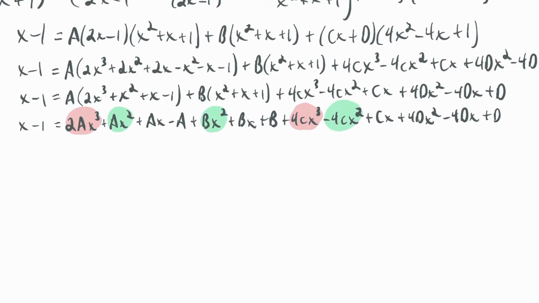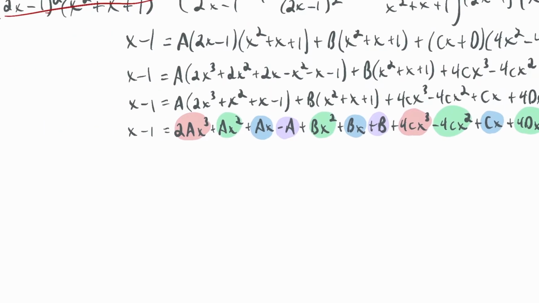And make sure to include minus signs if there are any. The negation is always part of the coefficient, so linear terms. And then constant terms. Okay, so I put all the orange ones together, then the green, then the blue, then the purple.